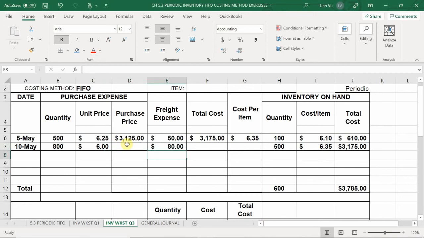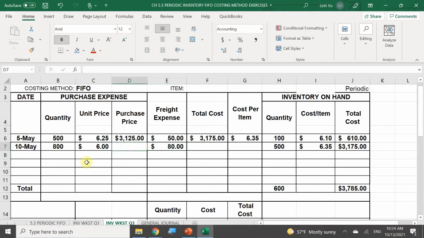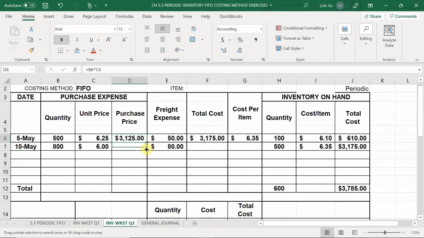What is going to be my total purchase price here? $4,800. 4,800 plus 80 gives me a total cost of $4,880, which will bring my total cost per item to be $6.10.